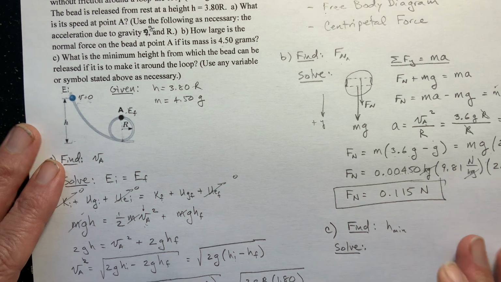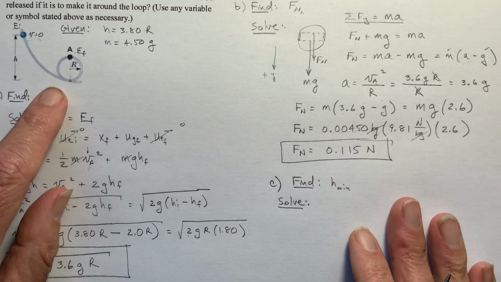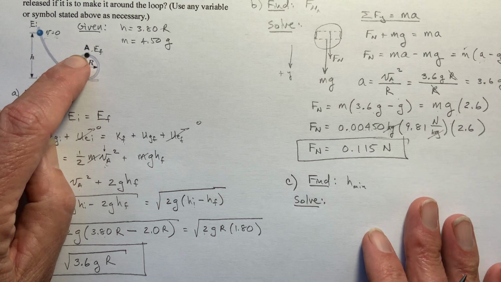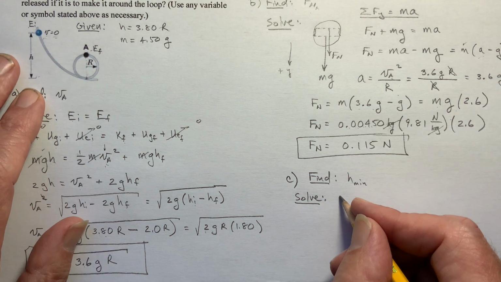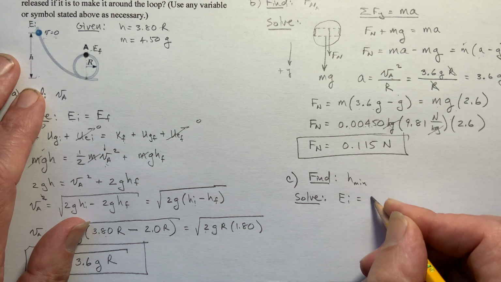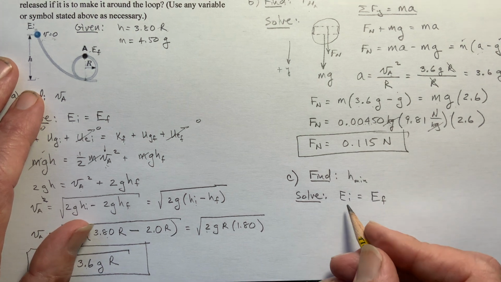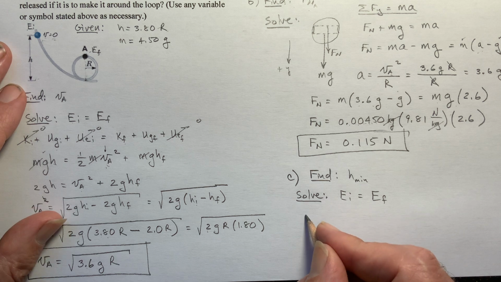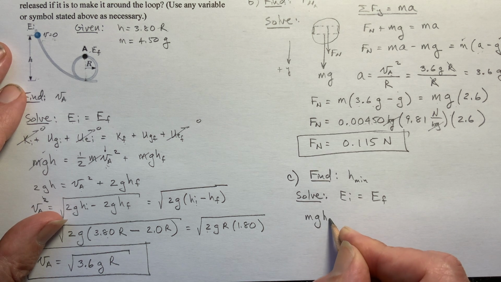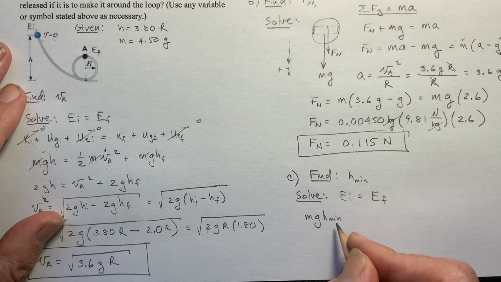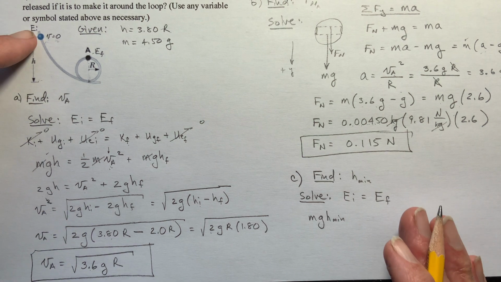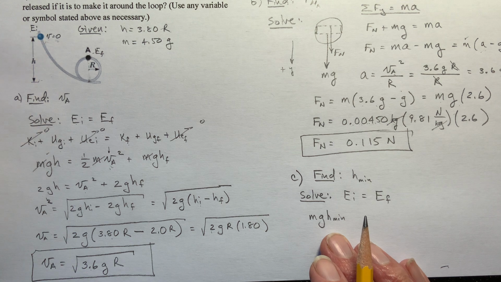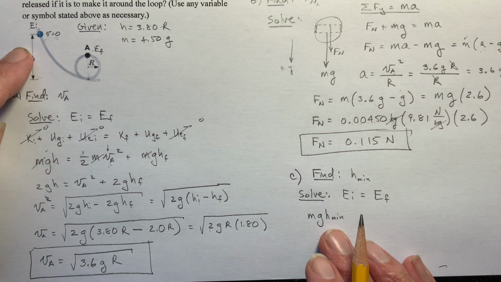Now let's solve. So I'm going to say that its initial mechanical energy is equal to the final. And this is going to have mgh minimum, right? That's what I'm trying to find. And again, it's not moving. It's released from rest. So it doesn't have any kinetic energy. There's no springs. So it's all gravitational potential.